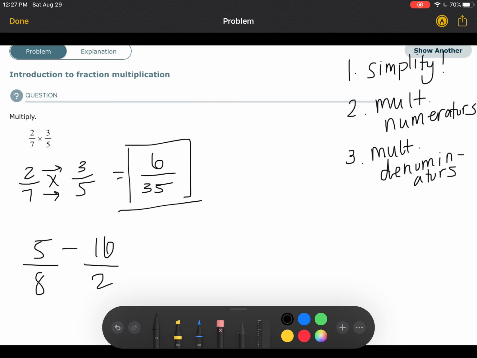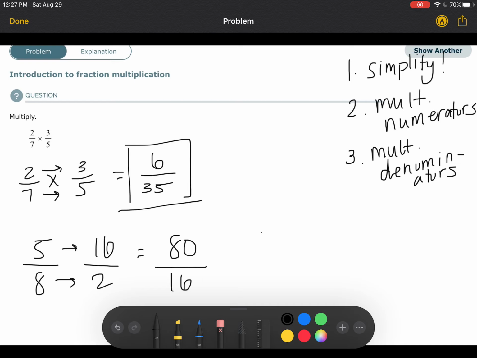I say 5 times 16, and that is 80. And then I go into the next one, and it's 8 times 2, which is 16. I know that these two numbers are both divisible by 2. I know that I can divide by 4, but this is going to take me a really long time before I'm absolutely sure, especially if I'm not using a calculator.